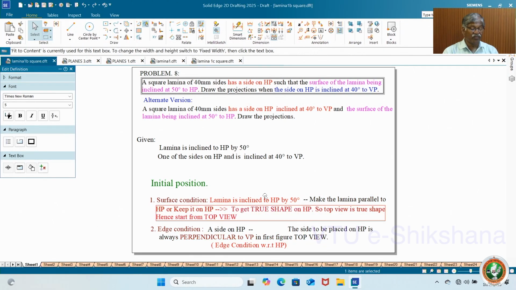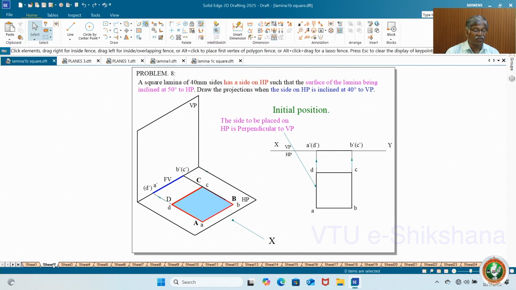These are all same. The surface condition, lamina inclined to HP by some angle, make the lamina parallel to HP so that you will get the top view as true shape. Then the edge condition, keep that edge on HP and try to work out. Now how exactly to carry out? See, this is how you get the problem initial position.